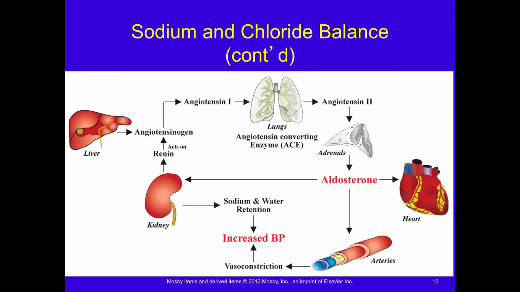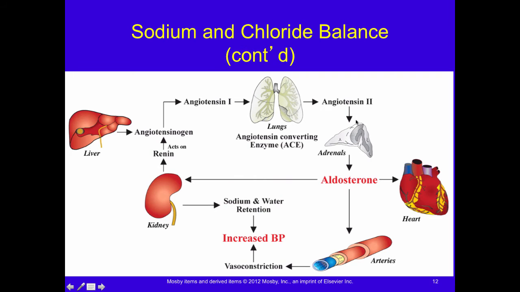But there's something I want to point out specific to us today: look at this part here. Sodium and water retention, increased blood pressure, okay? So if something goes wrong with this system, maybe you're not going to have the problem where sodium and water are being kept in the body.